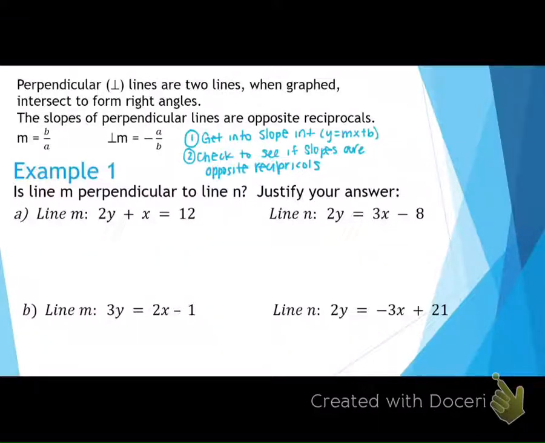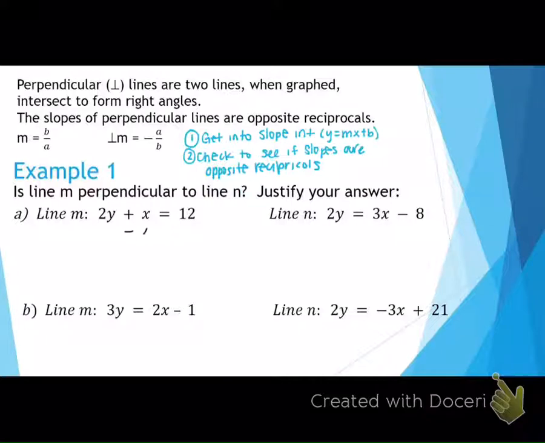Riley, what do we have to do first with line M in A? So my slope isn't 1. Is my slope 1? No. I'm just trying to trick you. No, it's not 1. This is in standard form. What you were doing was right. So we subtract x.